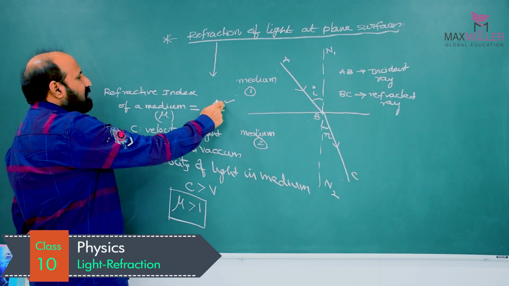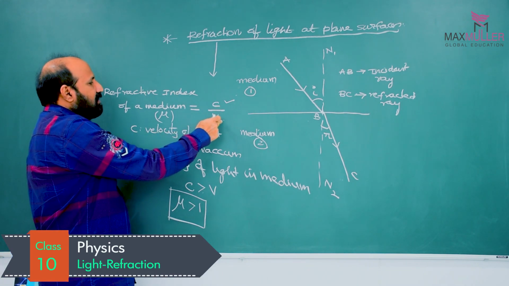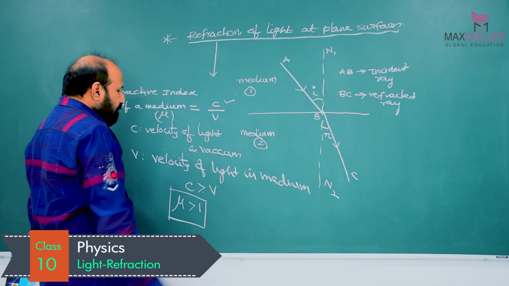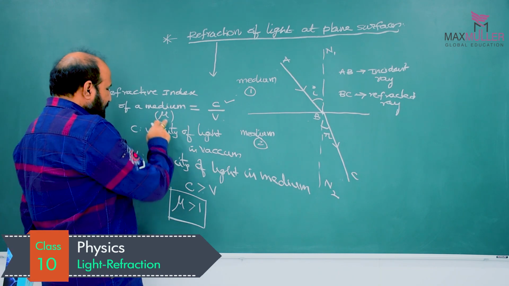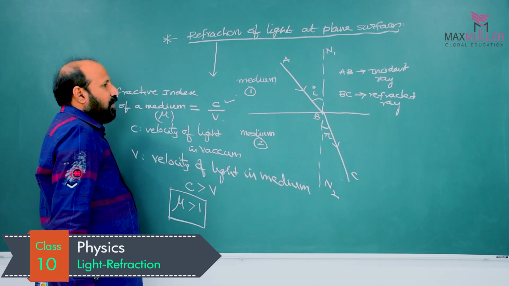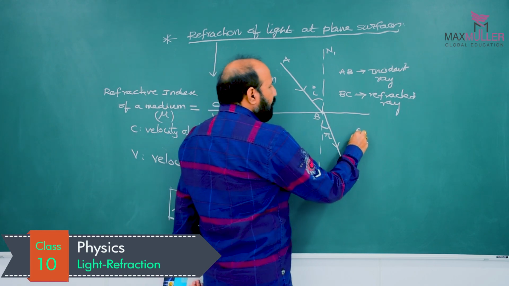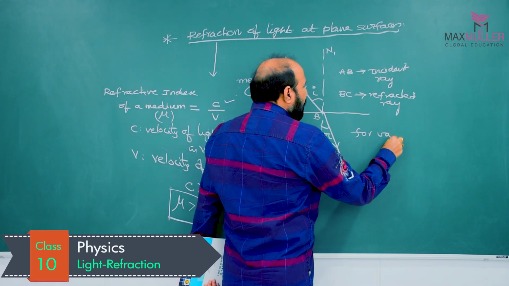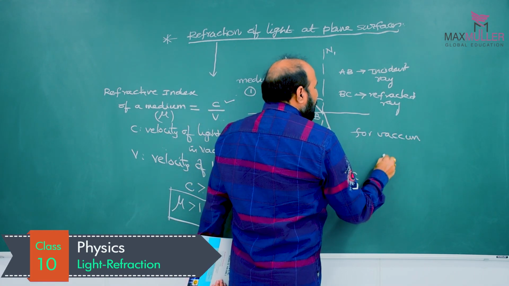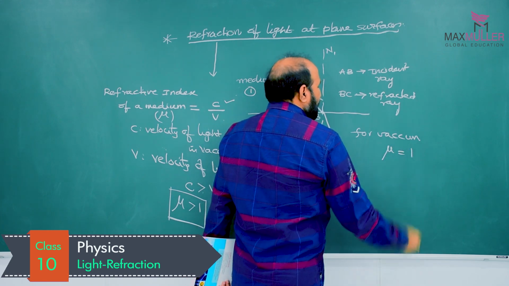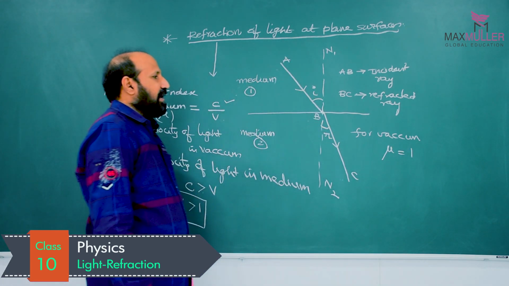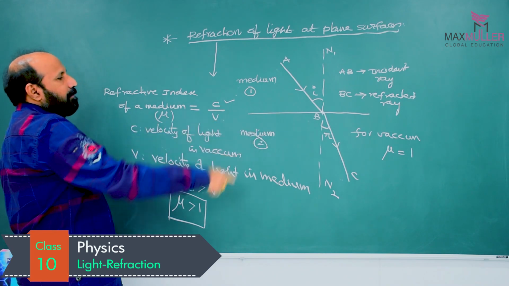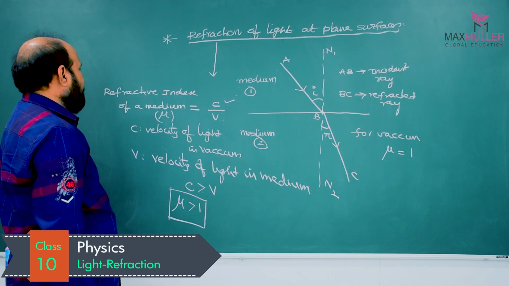Since the velocity of light in vacuum is greater than velocity of light in medium, refractive index is always greater than 1. For vacuum, refractive index mu is equal to 1. For vacuum or air, the value of mu is approximately equal to 1.